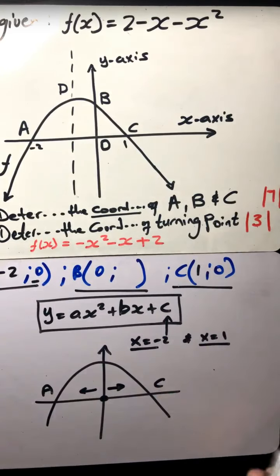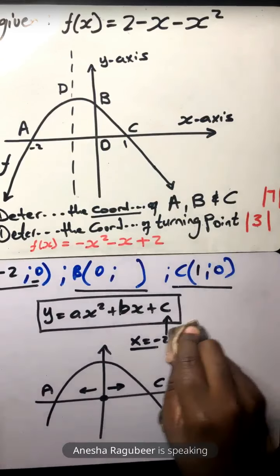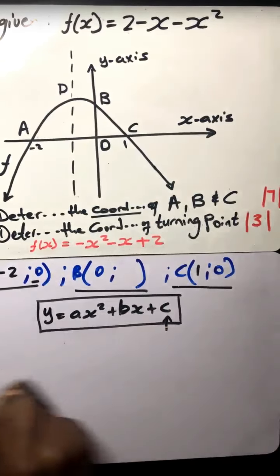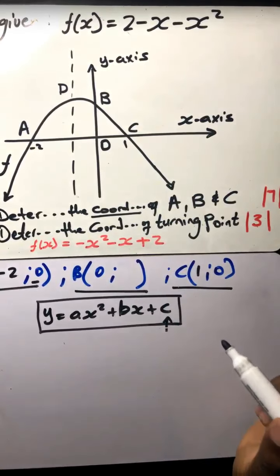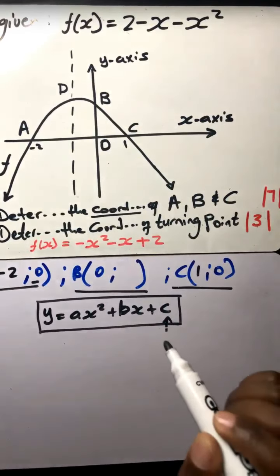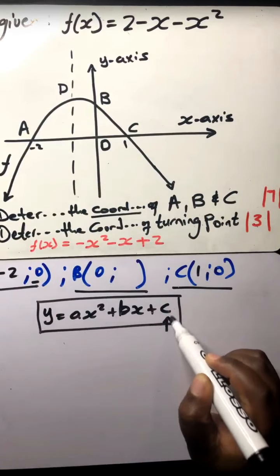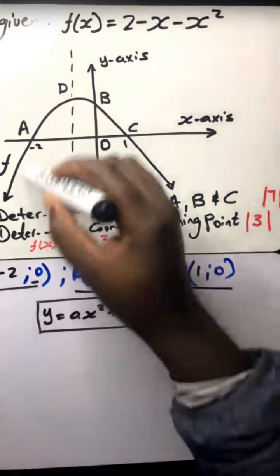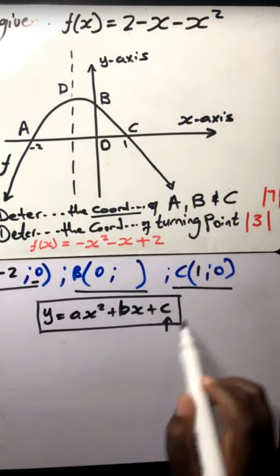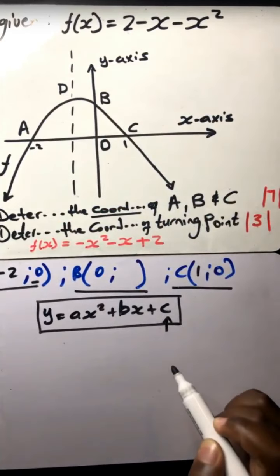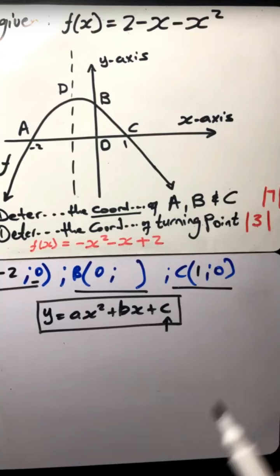So do you now get it? Yes, sir. Okay, 100%. So now let's continue. My question was about the C value. Someone said the C value tells us about the y-intercept. That is 100%. So my question is, is that C value negative or positive? And again, give a reason for your answer.